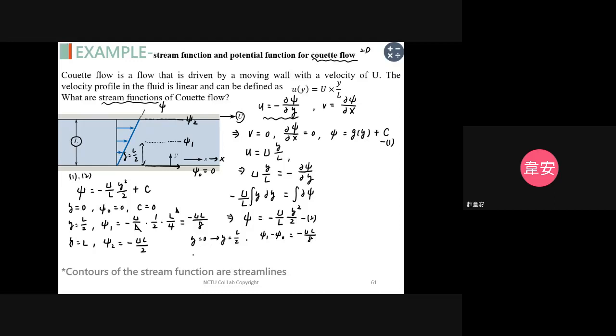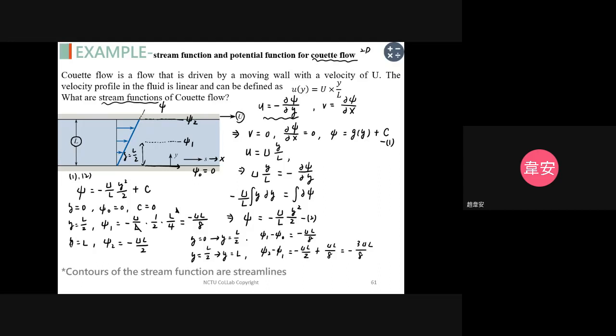But for the same delta y, you can see a different stream function difference when y moves from L over 2 to y equal to L. The stream function ψ2 minus ψ1 is minus uL divided by 2 plus uL divided by 8, which is equal to minus 3uL divided by 8.